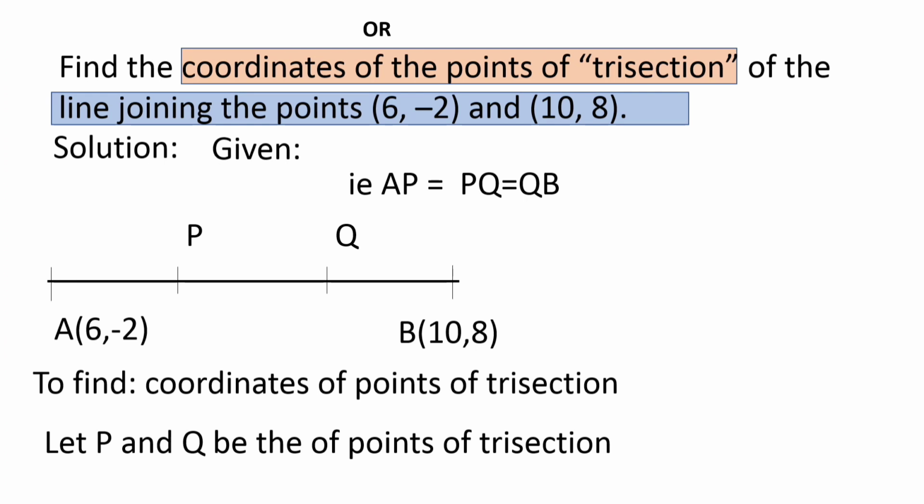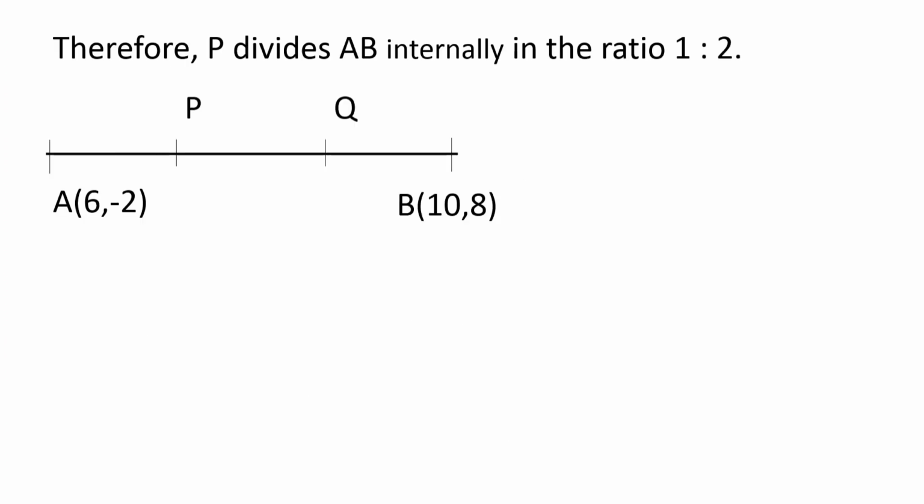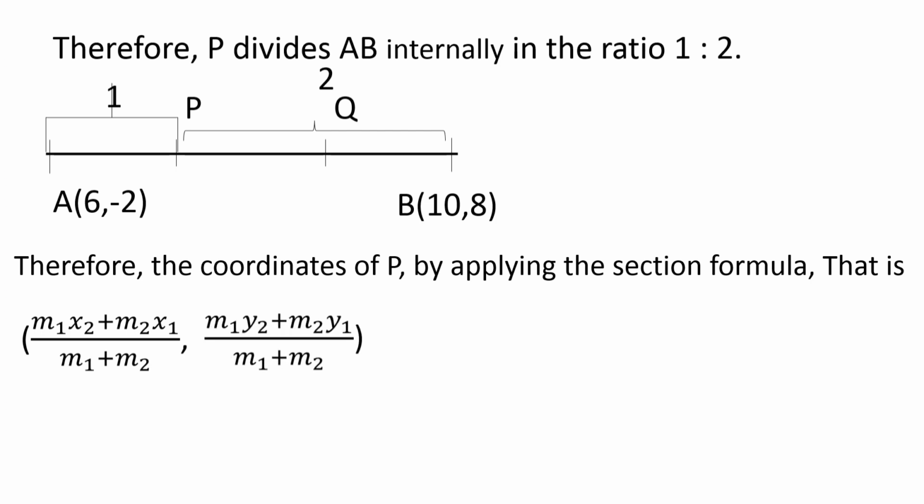So we can observe that the point P divides AB internally in the ratio 1:2. So we can find the coordinates by applying the section formula. You know the section formula, write it neatly and substitute the respective values and then simplify.